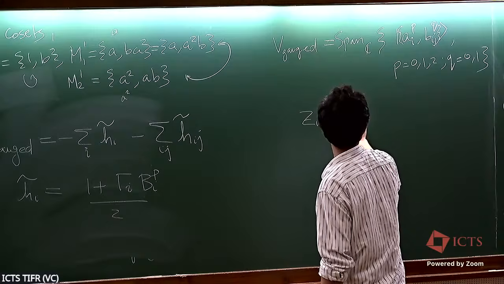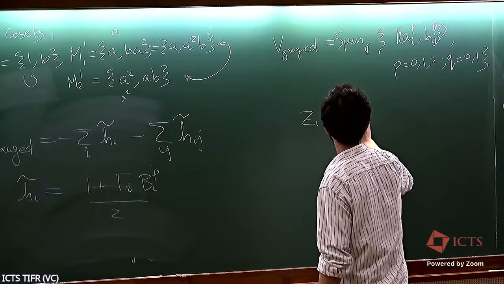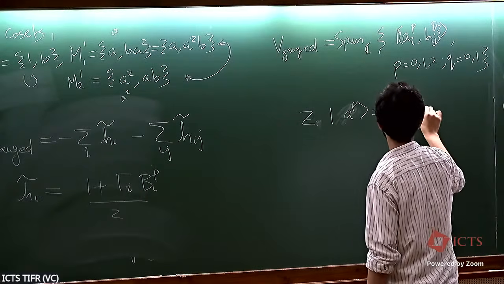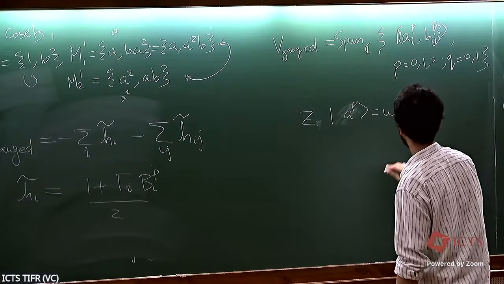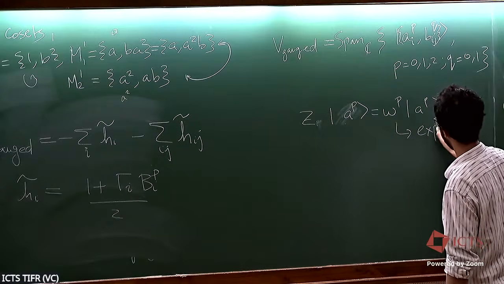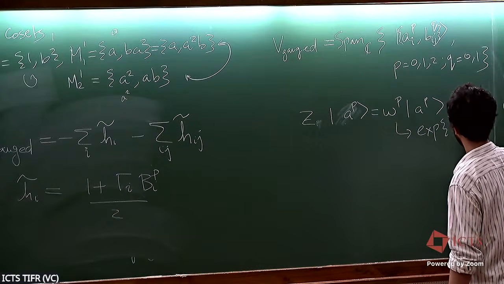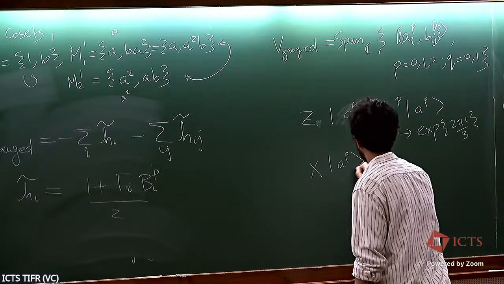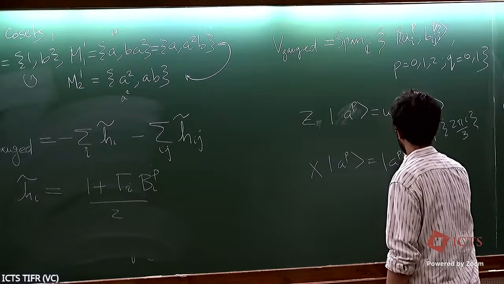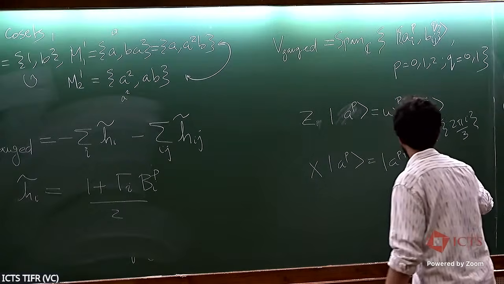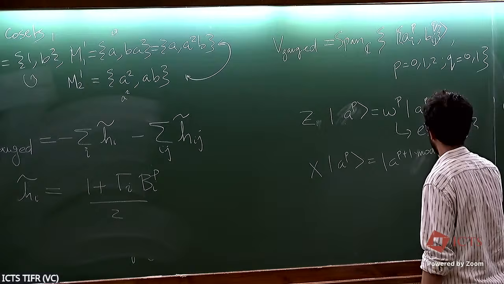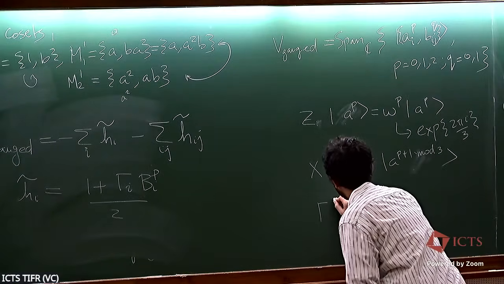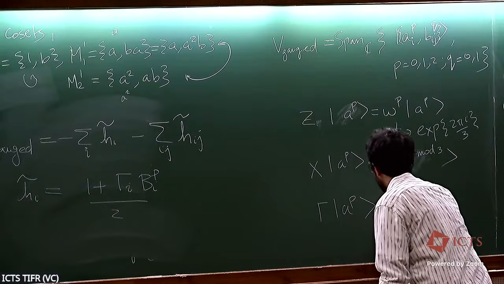Z_i acting on A^P is just omega to the P times A^P, where omega is, and then there is a charge conjugation operator which sends A^P to A^(-P).